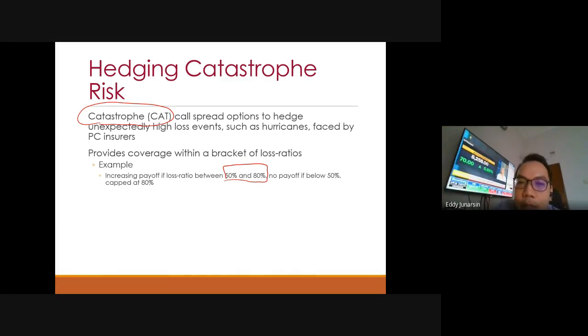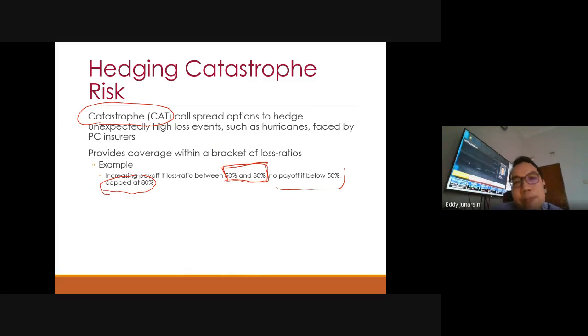Long call, and the strike price is between 50 and 80. So you get no payoff if the real loss ratio is below 50%, but again, it's capped at 80%. So if it's more than 80%, the maximum payoff is at the loss ratio of 80%.